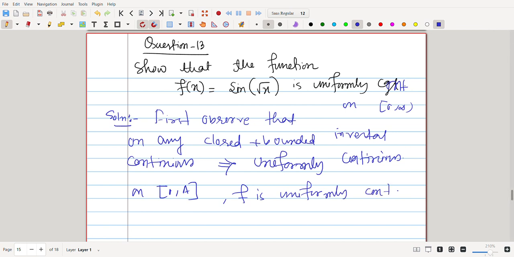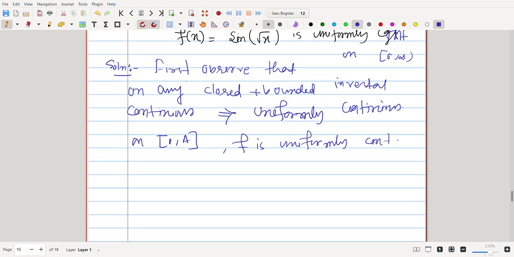So if f is not uniformly continuous on 0 to infinity, it is only possible that this function's uniform continuity breaks for large values of x, that is, as x goes to infinity, because on a closed and bounded interval this is uniformly continuous. But you can prove it by using the epsilon delta concept. Okay, so let me prove that.